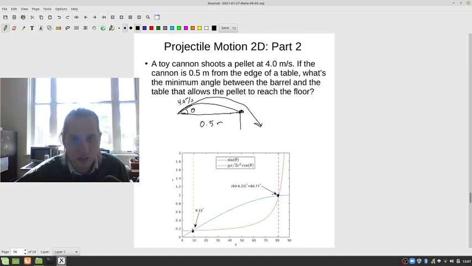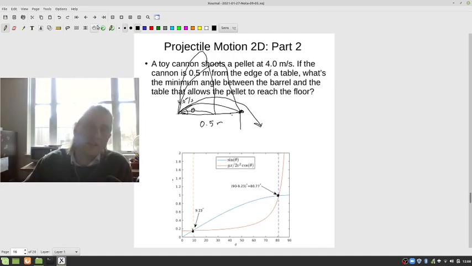Notice that these are complementary angles. So if you had smaller than this, your projectile won't make it past the table. If you go steeper than that, the ball also won't go past the table. All right, so that's an interesting problem.